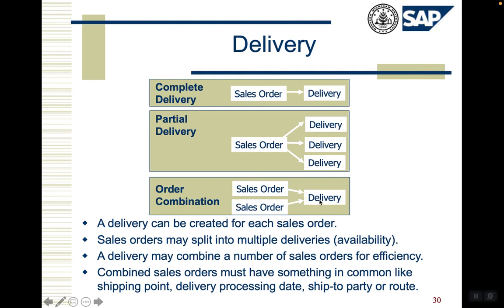So there's a whole bunch of different types of scenarios that can come into play. In our case, we're going to be very simple. We're going to say sales order to delivery. But if you look at what happens in organizations, depending upon what the organization does and how it competes, you can have all sorts of variations of how we execute our supply chains.